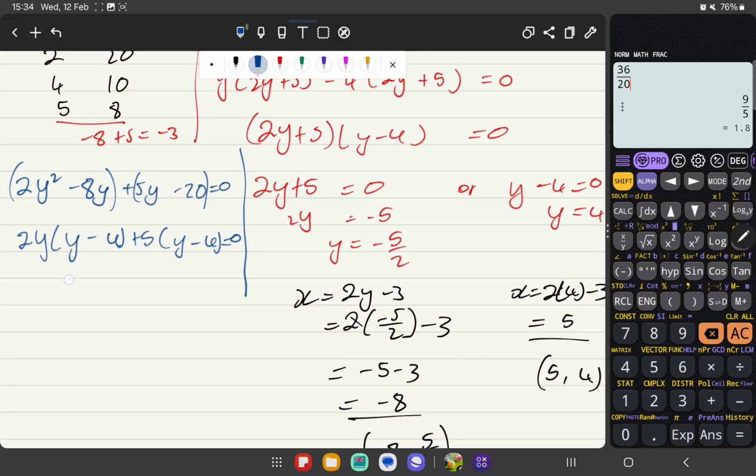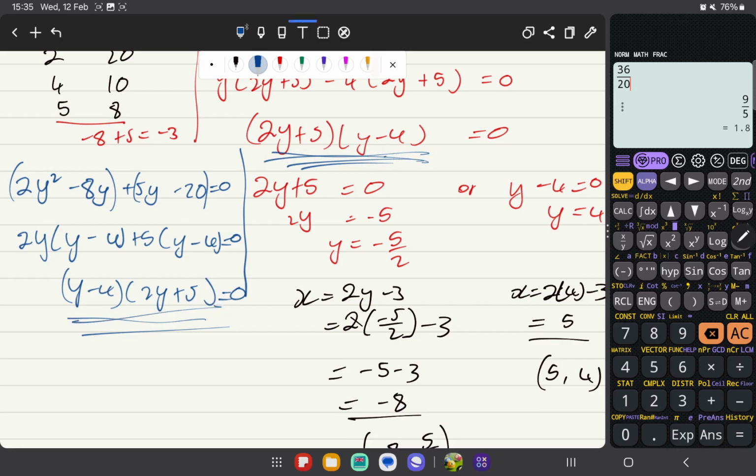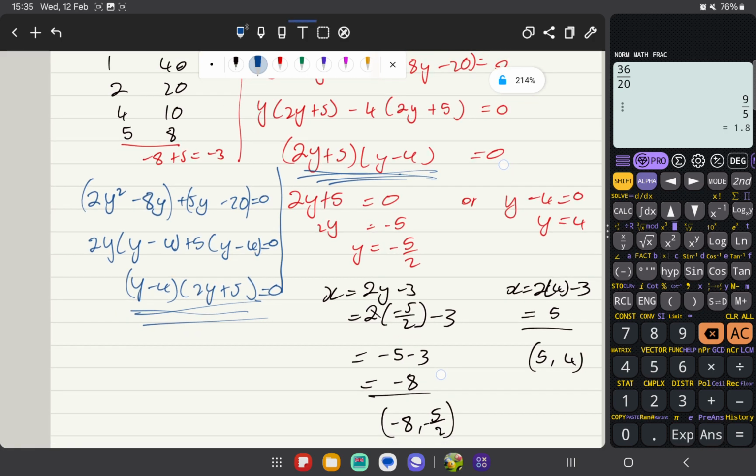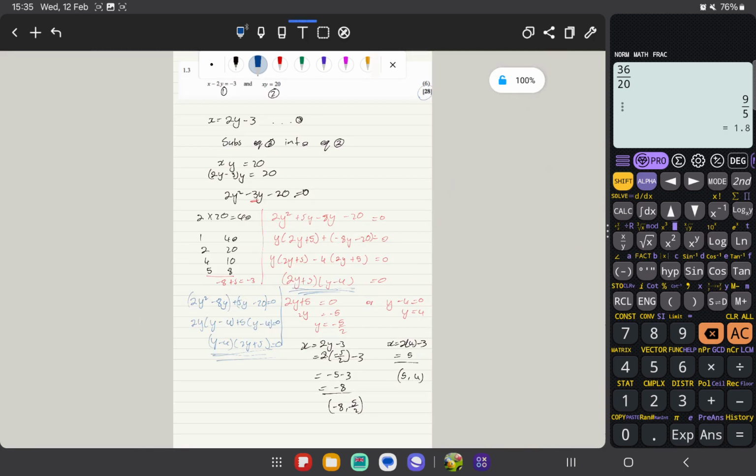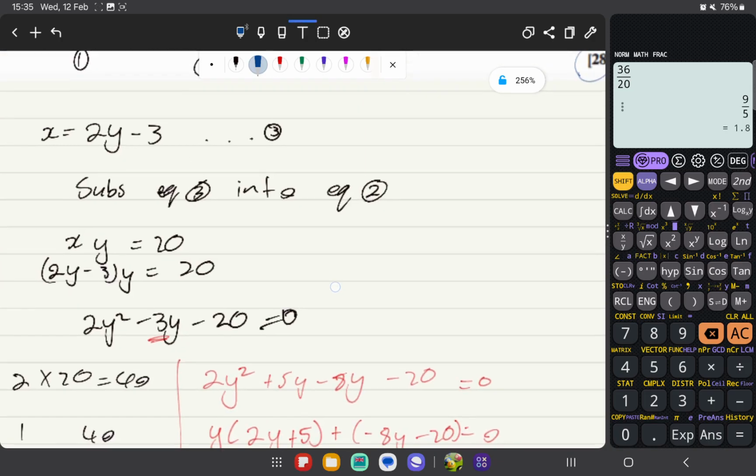Then you'll have a common factor of y minus 4, and 2y plus 5, equals 0, which is exactly the same thing we had right here. Looking at both, they're exactly the same. So it doesn't really matter how you group them, but just try to be careful. It's better to be safe than sorry.